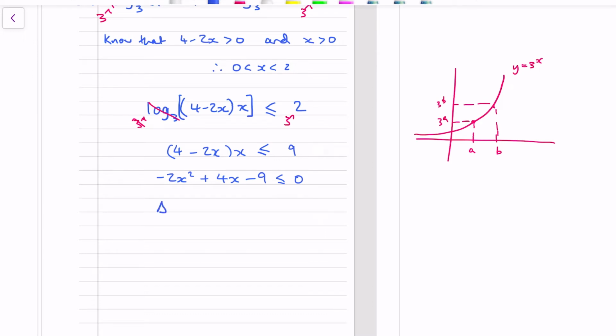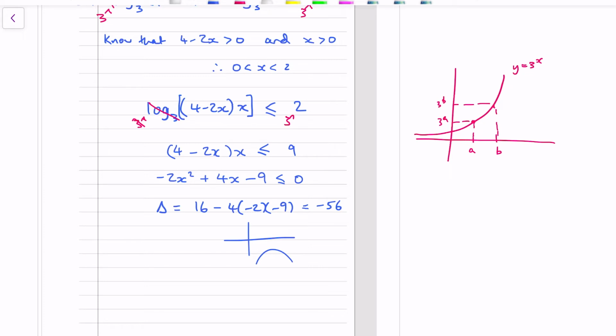If I find the discriminant of it, b squared minus 4ac, so 16 minus 4 times negative 2 times negative 9, I find that the discriminant comes out to be negative 56. It's a negative discriminant, it's an upside down parabola, so it is always less than or equal to 0.